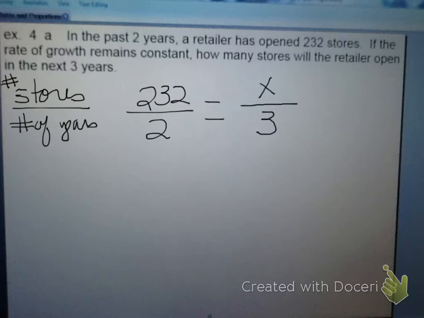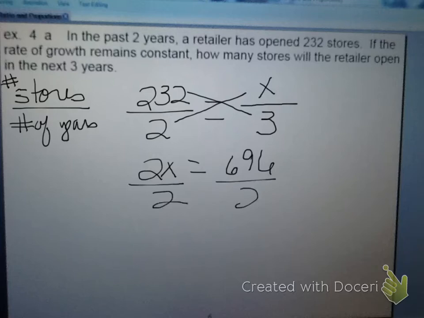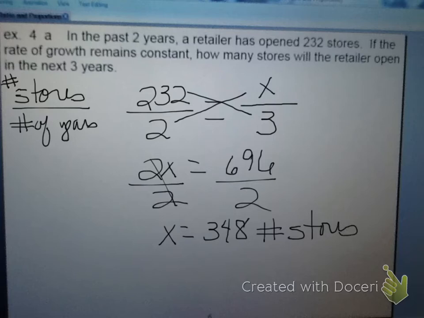So now we're going to cross multiply to solve the proportion. 2 times x is 2x. 232 times 3 is 696. Divide by 2. And x is 348. And what is that? That is the number of stores that will be open in 3 years.